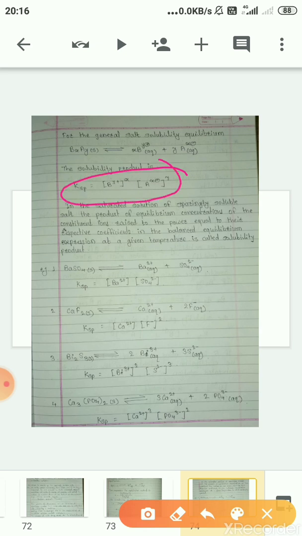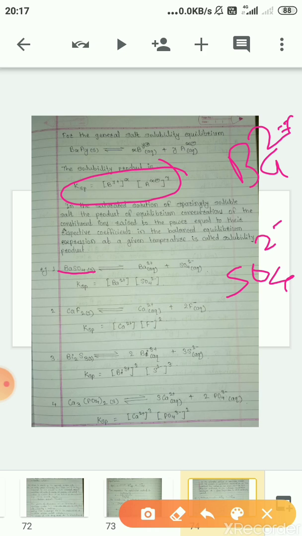First example is barium sulfate. Here sulfate carries a 2- charge, or we can say SO4 2-. And Ba carries a +2 charge, or the oxidation state of barium is +2.